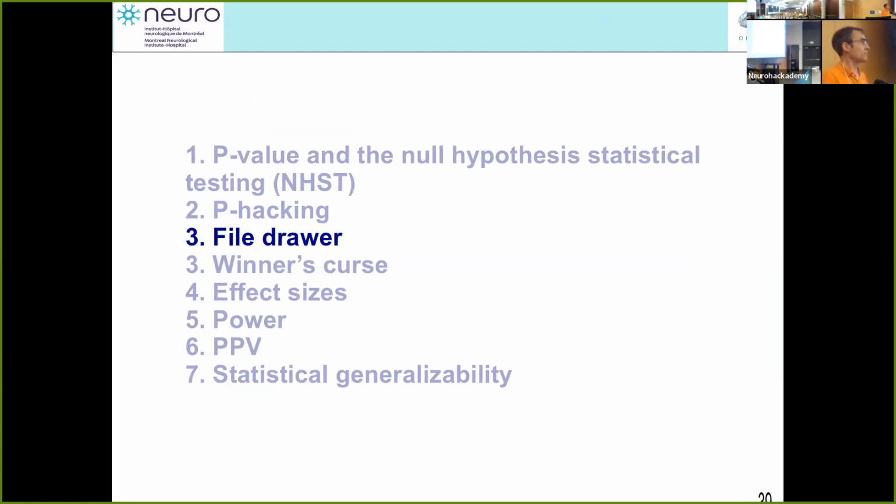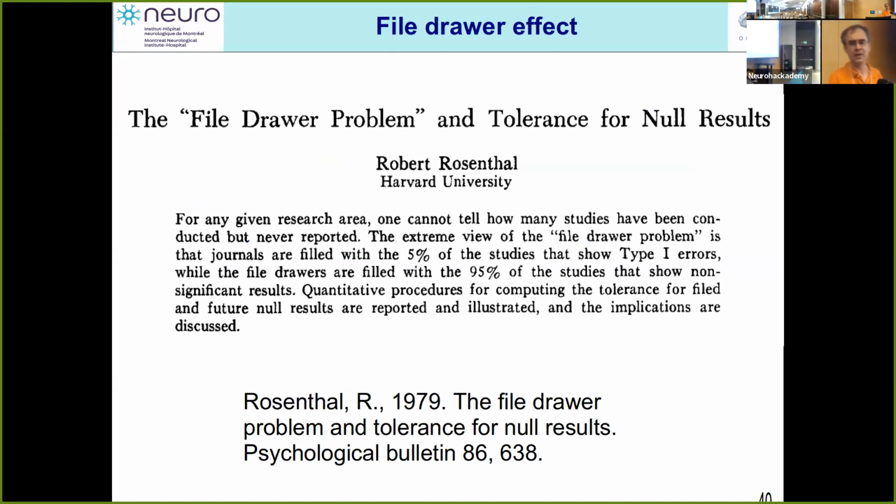All right, so I've talked about p-hacking, a bit of how it can be detected. I want to talk about the file-drawer effect. It's connected to some extent. It's an old problem, 1997.